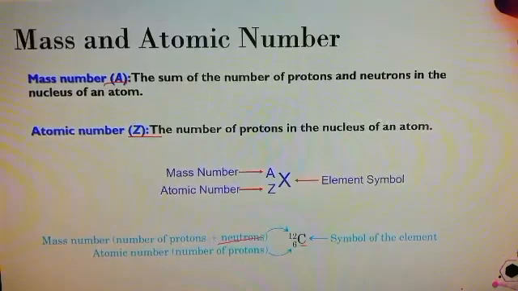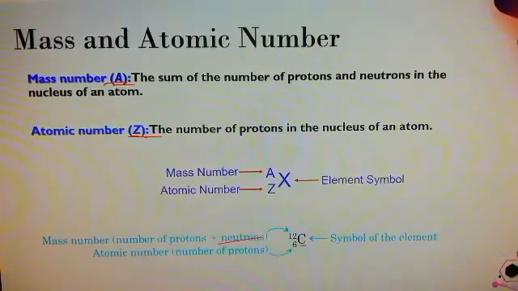A specific atom, for example, yung ating carbon, is described by its atomic number, which is represented by the letter Z. It gives the number of protons it contains, and the mass number represented by letter A, which gives the total number of protons and neutrons in the nucleus of an atom.